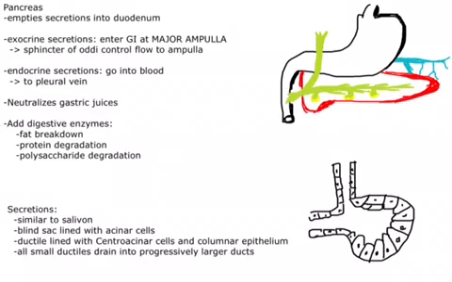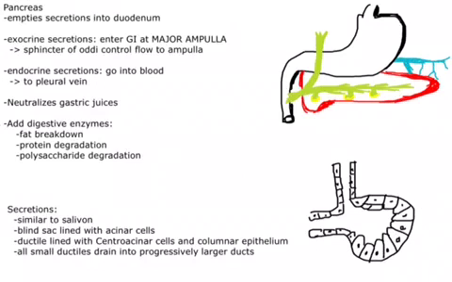So how do we get these secretions? Here I have written that it's similar to the salivon, as we saw in our salivary sections. Right here we have the acinar cells and the ductal cells. This right here is called the blind sac lined with acinar cells.